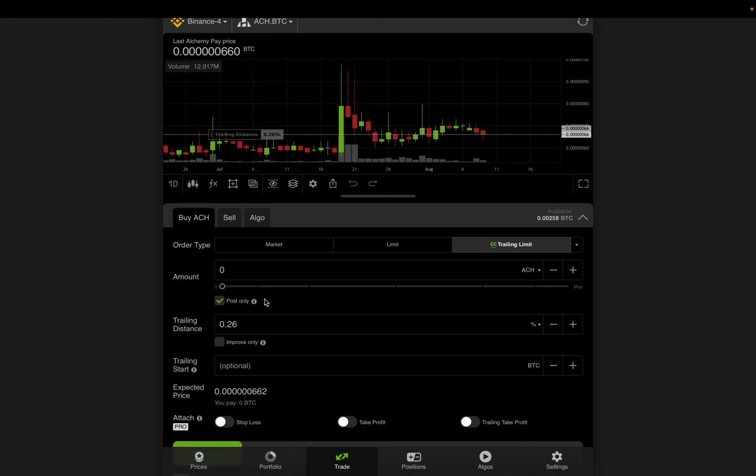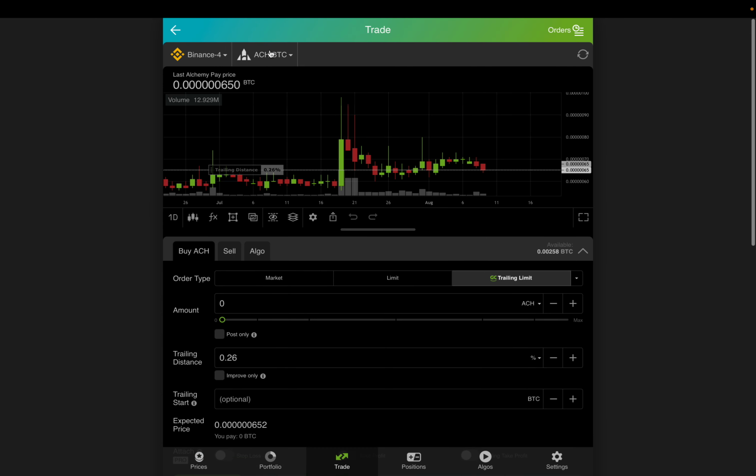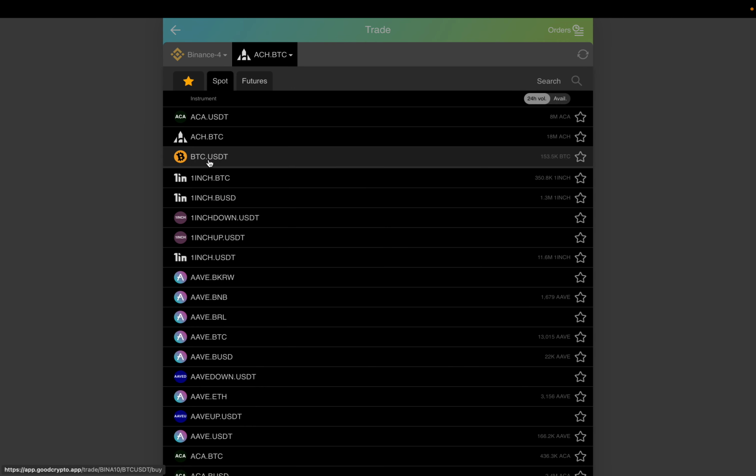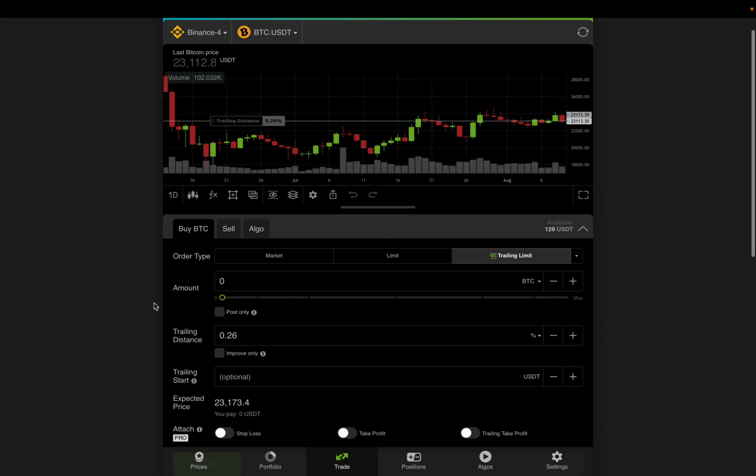So even if you've chosen trailing stop limit, I wouldn't advise you to choose this post only option unless you're absolutely sure that you know what you're doing. Okay, and let's just see a quick example.